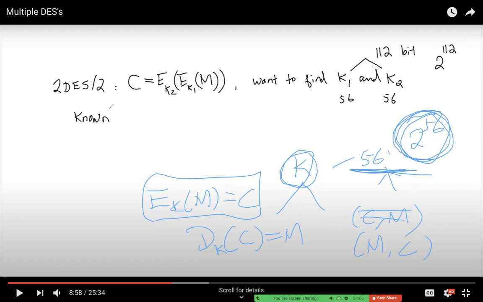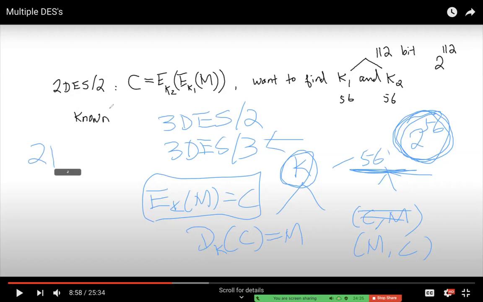We said that we have 3 combinations that are common: 3DES/2, 3DES/3. By the way, this is still used today, so they are still secure. But then we also have another combination: you apply DES twice using 2 different keys.